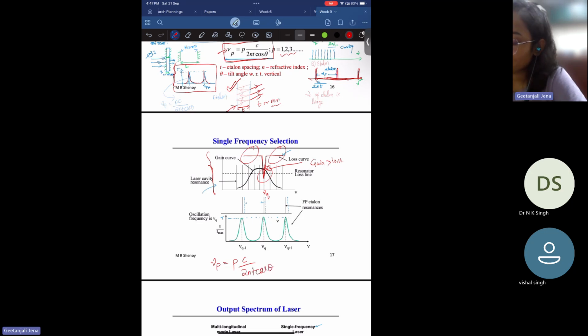So around this frequency only, the etalon will transmit the light, and for other frequencies, the intensity will be less. So that means around nu p, the loss is less.